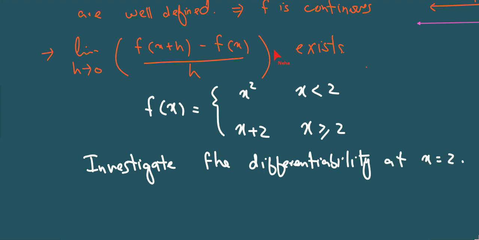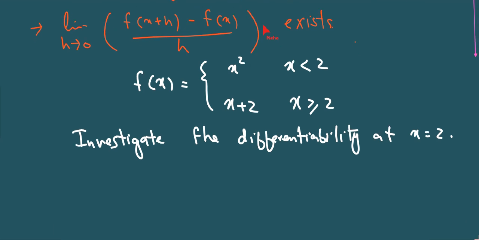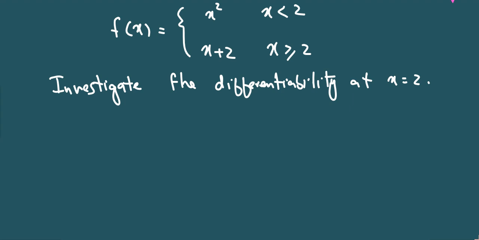So we have to check, is it differentiable or not? Okay, I haven't any idea what it would be. So first of all, we have to check whether the function is continuous or not, right? This is the first condition. If the function is continuous, that means it is well defined: the terms f of x plus h and f of x are well defined. So first we have to check whether it is continuous or not. So let's check its continuity.